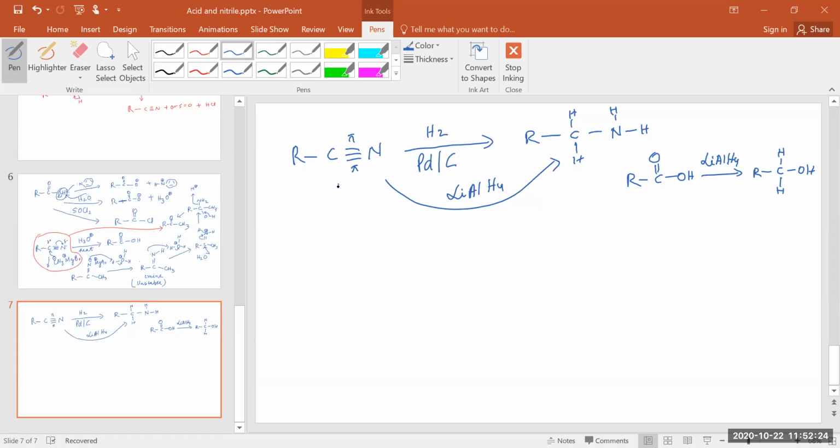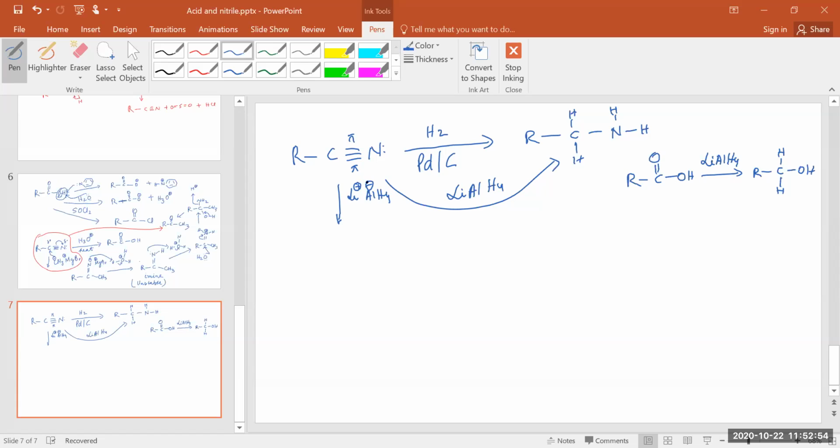So how does lithium aluminum hydride do the reduction? See, this lithium aluminum hydride is a very good hydride source. Lithium aluminum hydride means lithium plus and AlH4 minus, like this. Okay.